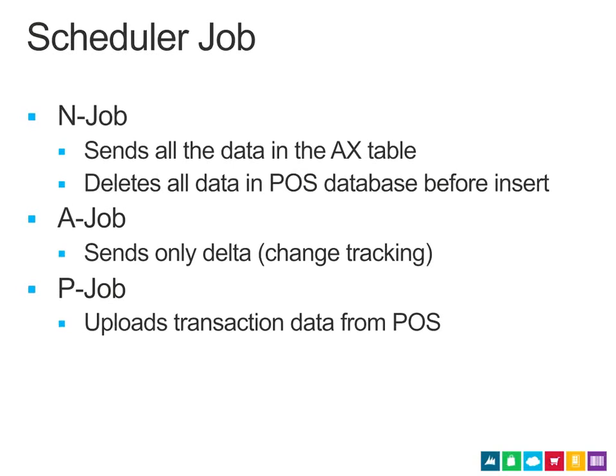The A job is very different, and that's our recommendation on how data should be sent out. This is based on actions. I guess that's where the name comes from. An action means something was performed, something was changed in AX. We're keeping track of that, and then we figure out where it needs to be sent. So it's not like this data dump.